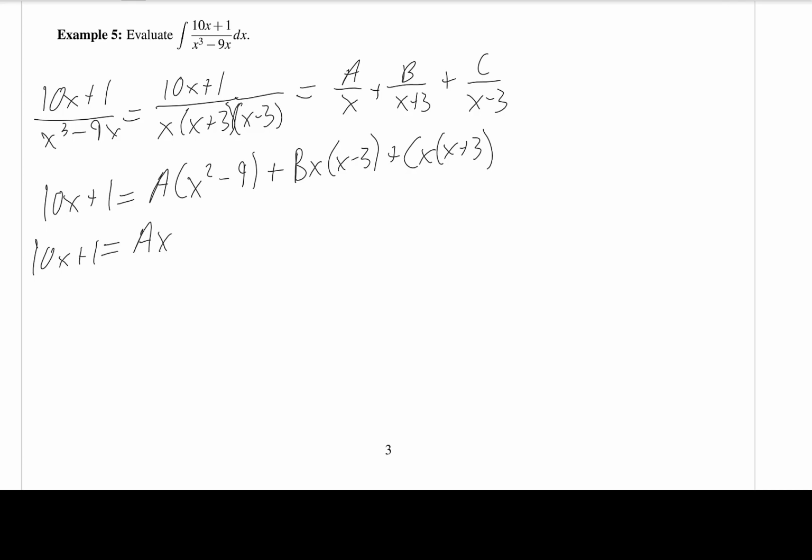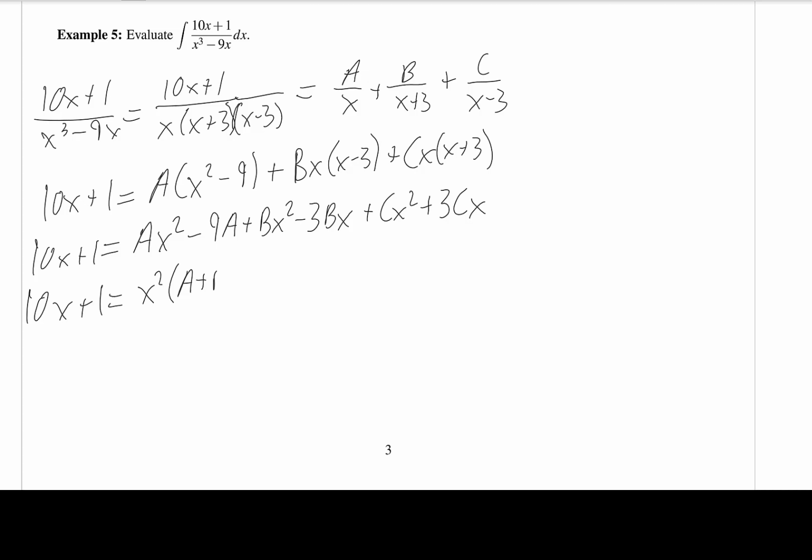Distributing everything out, I'll have ax squared minus 9a plus bx squared minus 3bx plus cx squared plus 3cx. Now grouping, and hopefully not making a mistake this time, we should have x squared times a plus b plus c.